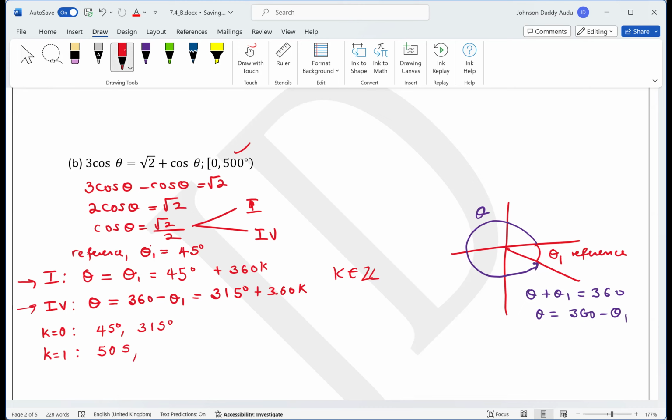Here also, if k is 1, you will have around 675. So in the second case, we have to reject it. So our solution is 45 and 315.